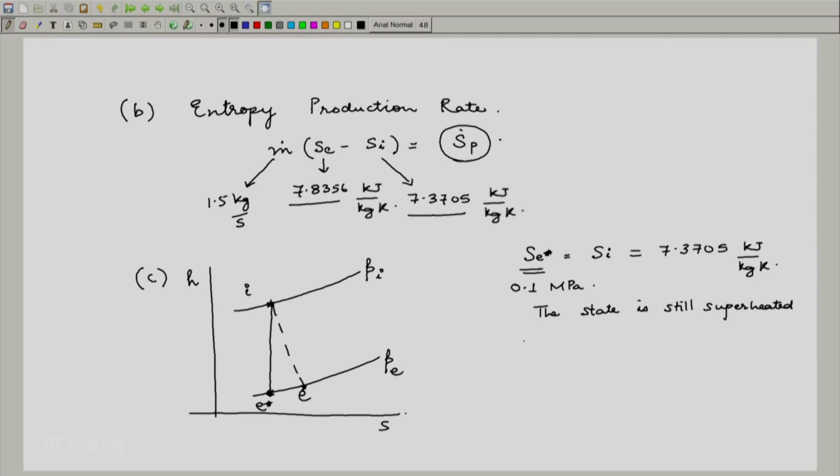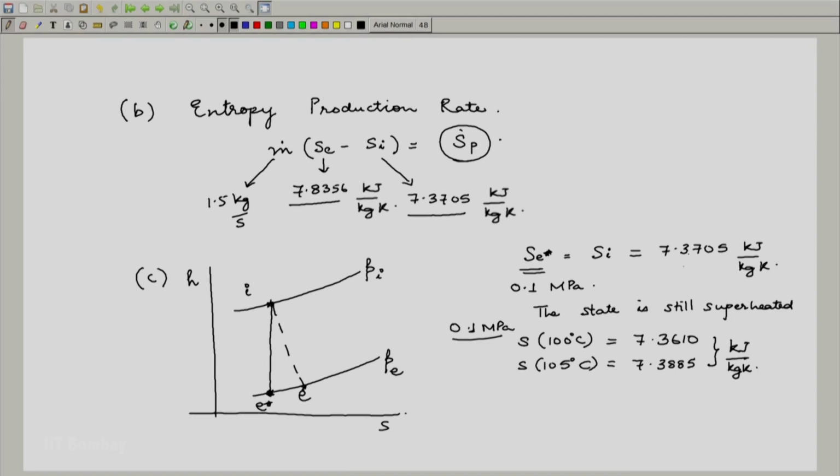And you will realize that if you look at the tables that have been given to you, S at 100 degrees C at 0.1 megapascal is equal to 7.3610, and S at 105 degrees centigrade is 7.3885. Both these are kilojoule per kg Kelvin.